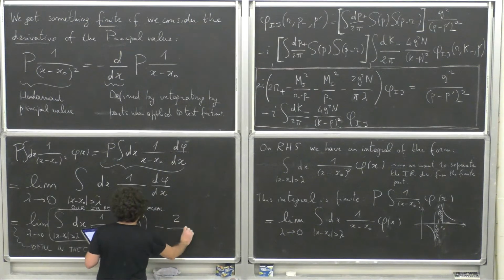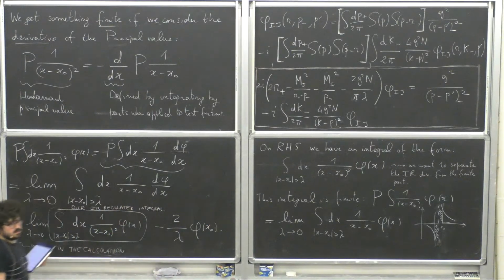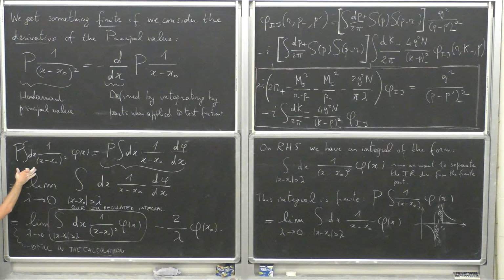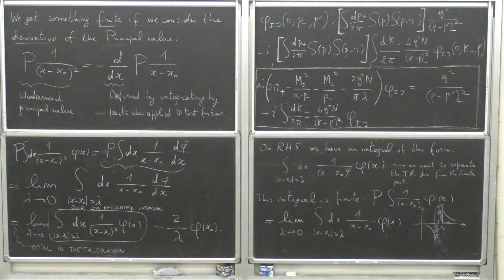Minus, you get an additional 2 over lambda phi at the point x naught. Okay, so that's our IR divergence. So in other words, our IR regulated integral, we can rewrite it as this Hadamard principal value plus 2 over lambda phi at the point x naught.